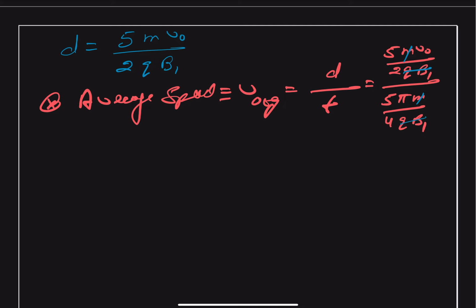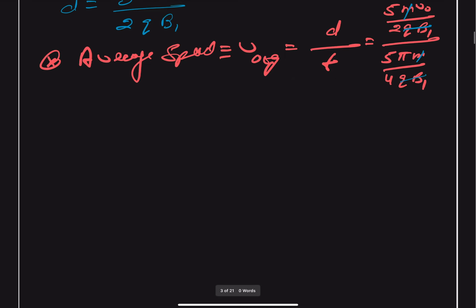Okay, and now it's quite simple. So we can simply write v0 is given to us as pi, so we can substitute it. So we get our v average is equal to, this can be cancelled, this goes by 2, 5 goes with 5.